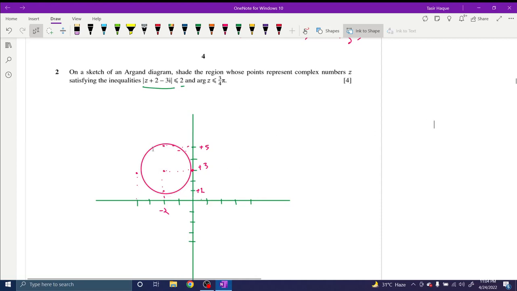Something like this, more or less. Wait, just let me draw it. The struggle is real.